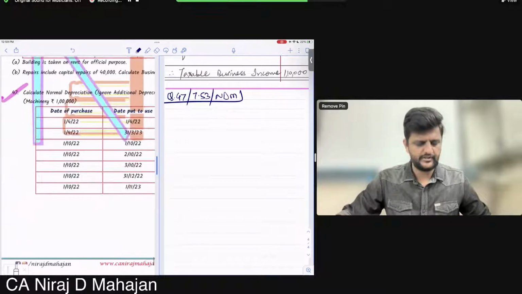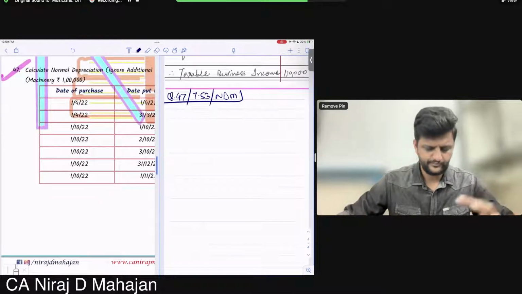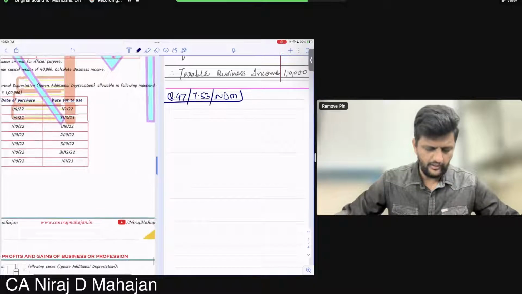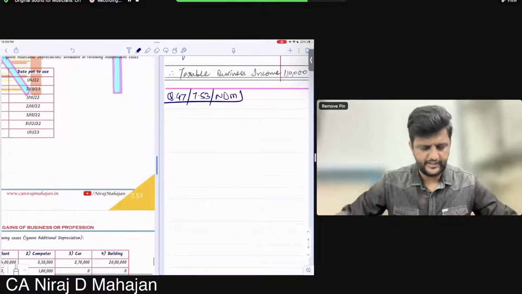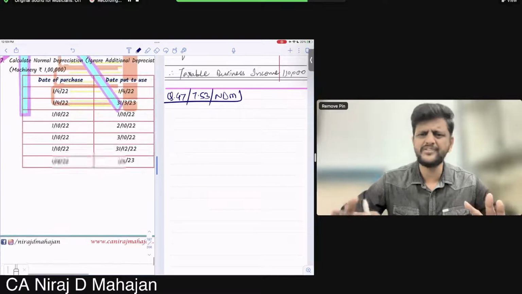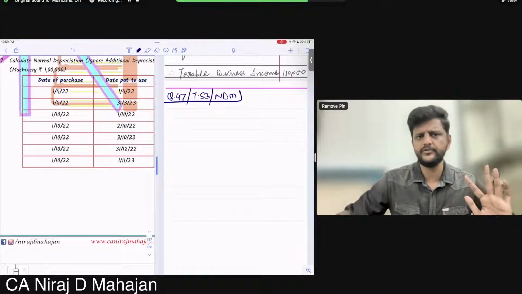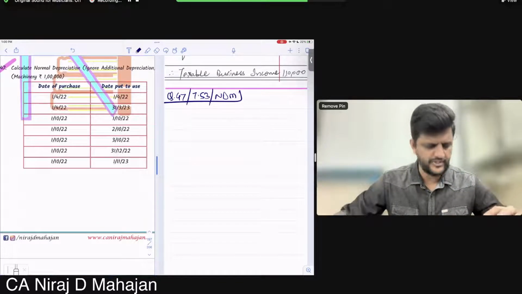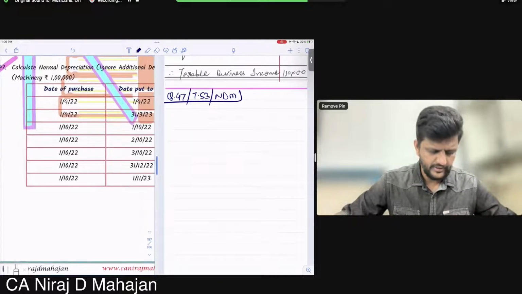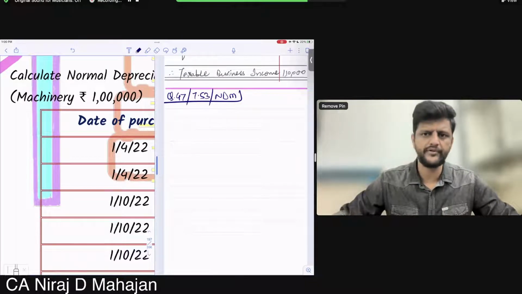Calculate normal depreciation. As it is, we have ignored additional depreciation. That column we will do later on. Allowable in following different cases. Independent means different cases. Machinery cost is rupees 1 lakh. You are given simply only 2 dates: date of purchase and date put to use. You have to calculate depreciation. What is the type of the asset? Machinery. What rate of depreciation will you take? Details they have not given you.